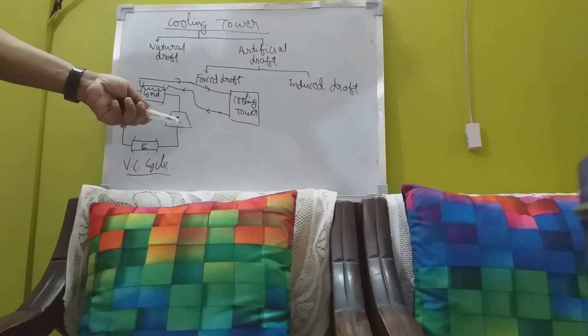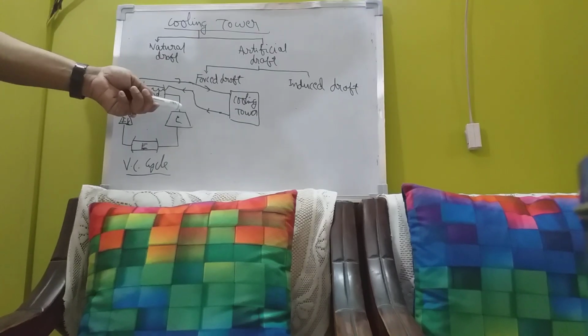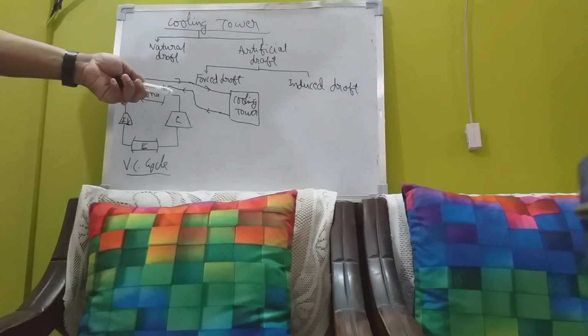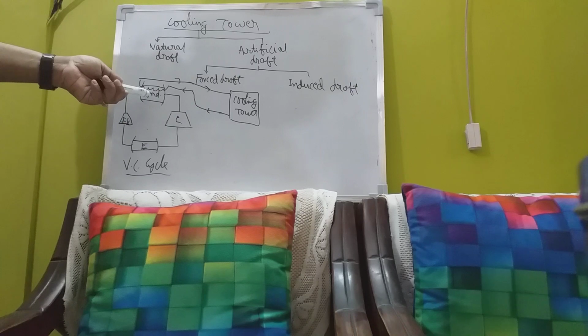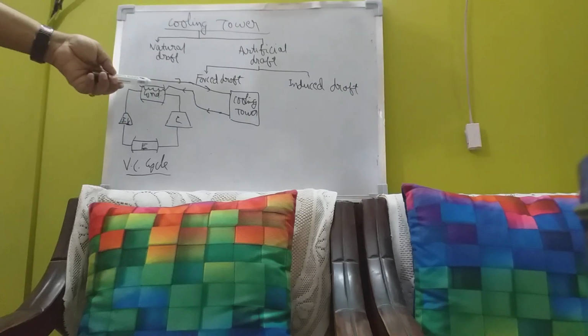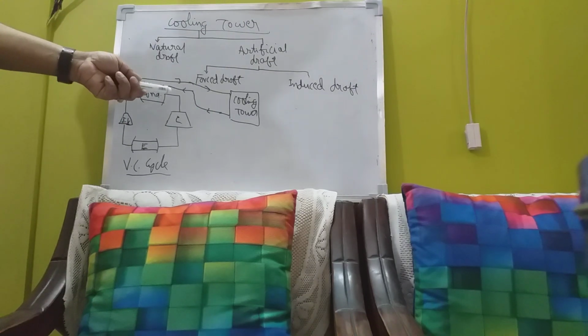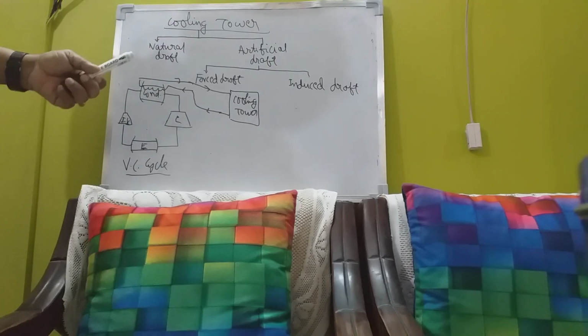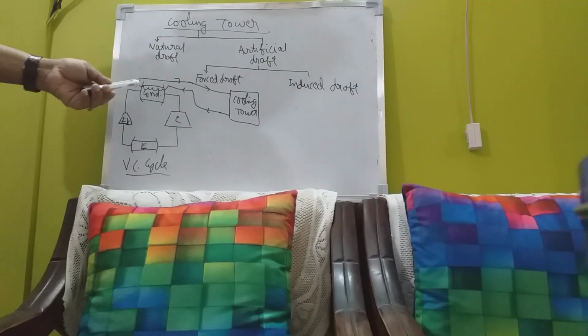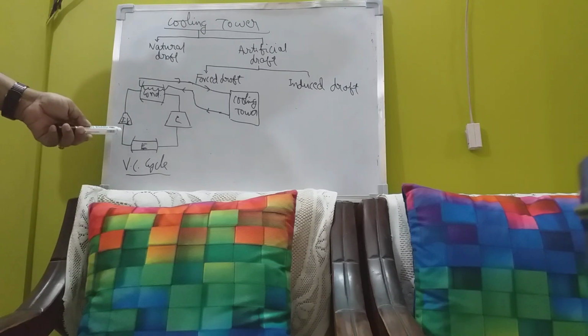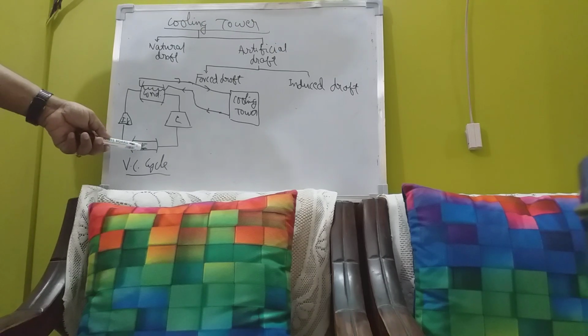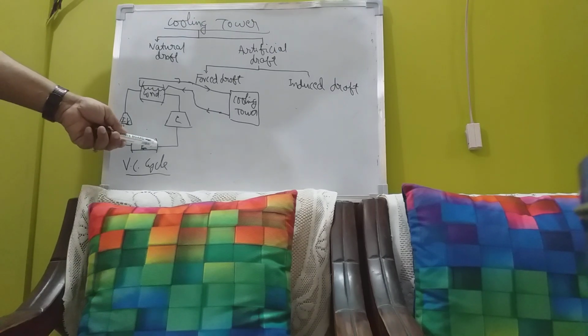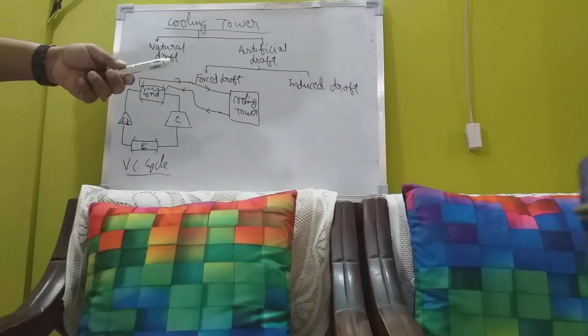This vapor comes to compressor, gets compressed, and comes to condenser. In the condenser, the vapor gets converted into liquid by external cooling. That liquid comes to expansion valve, gets converted to some extent to vapor and some extent to liquid, comes to evaporator, again sucks the heat from outside and the cycle continues.